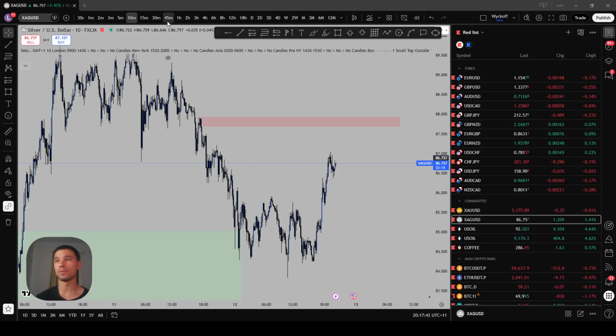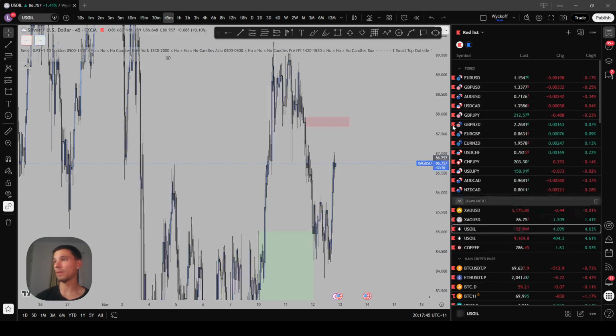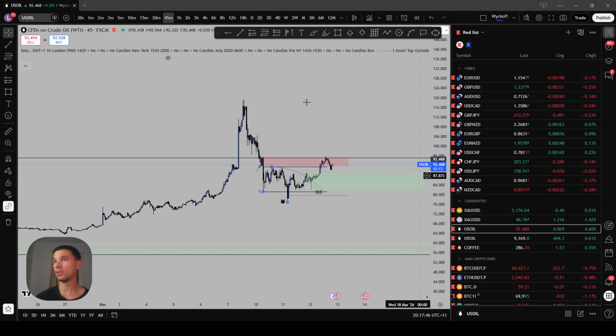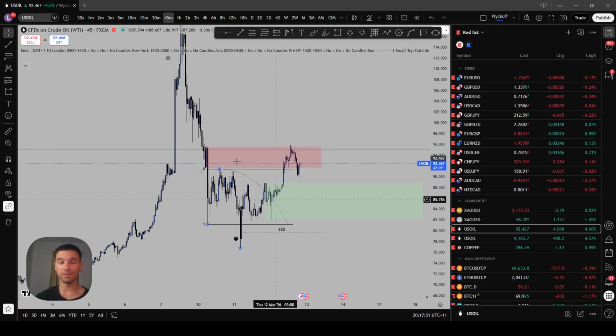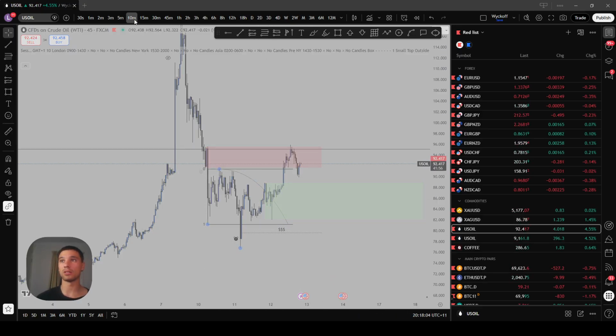Silver, nothing really here. Oil, nothing really here. We can see it grabbed some stuff, and it just wasn't the cleanest accumulation model. It would have grabbed some form of POI in here.